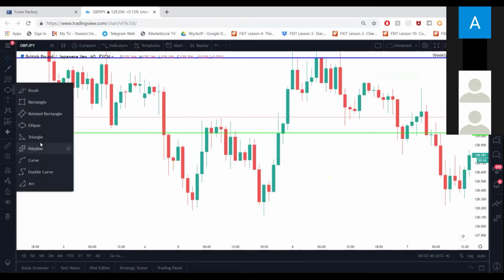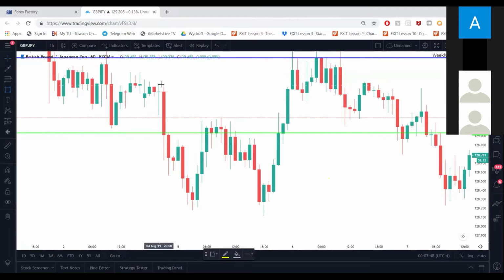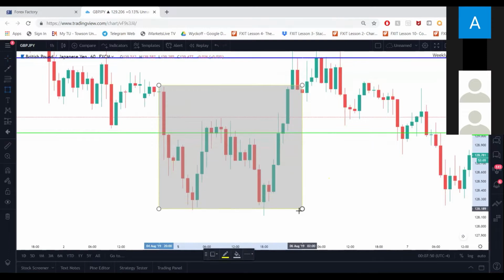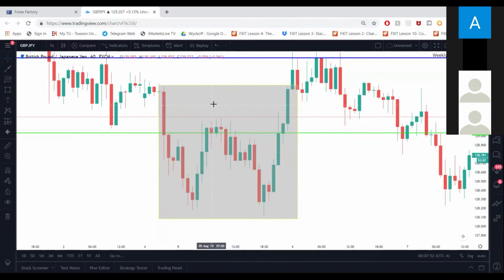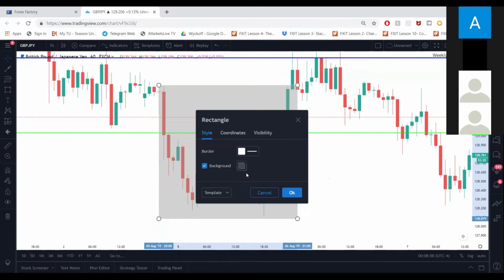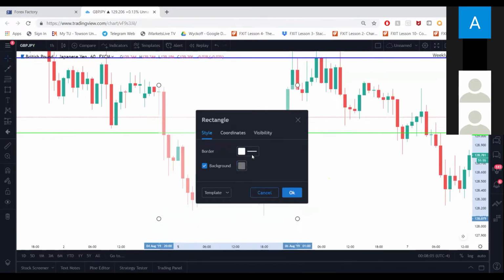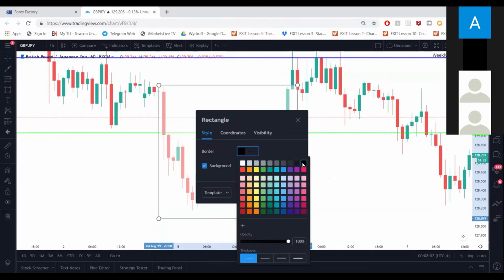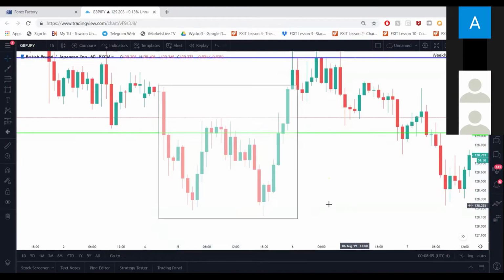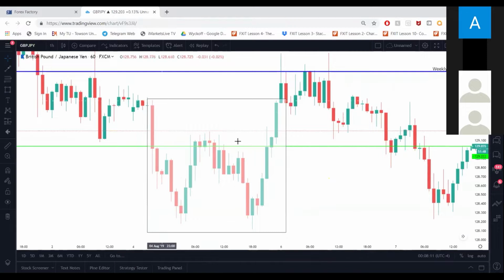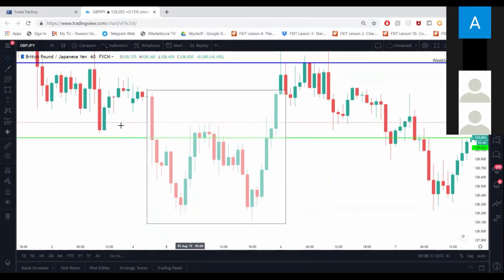Let's try to box this out so we all can refer to the same area. Okay, so we have this boxed up area right here.